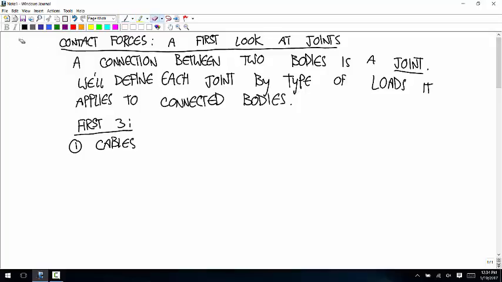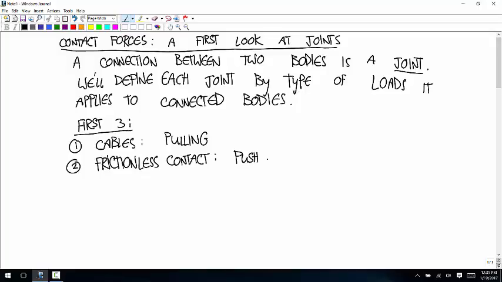And all cables do is apply a pulling force on the body they're connected to. Second type of joint is frictionless contact between bodies. And that's just pushing force. And then the third one is friction contact.